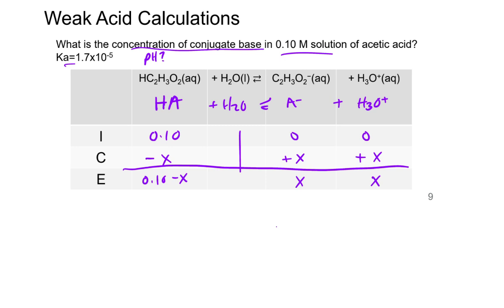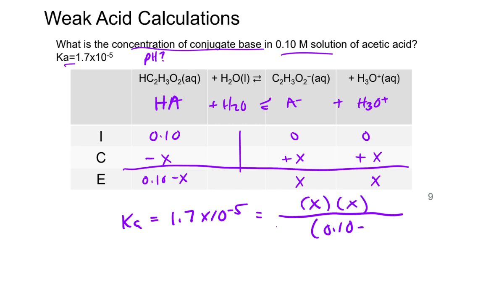So now we can plug these values into our acid equilibrium constant, Ka. We're told that that value is 1.7 times 10 to the minus 5. Again, this is going to be equal to the concentration of products over the concentration of reactants at equilibrium. So we'll have x times x divided by 0.1 minus x.